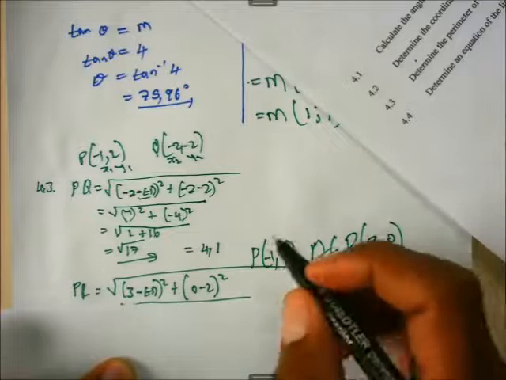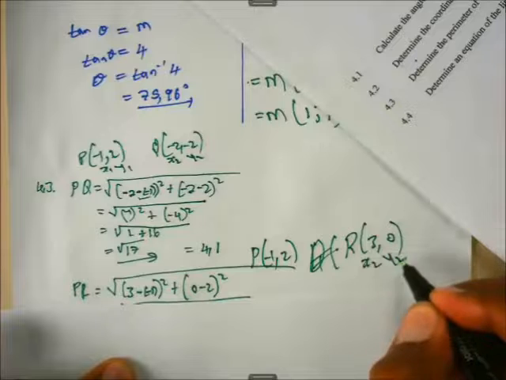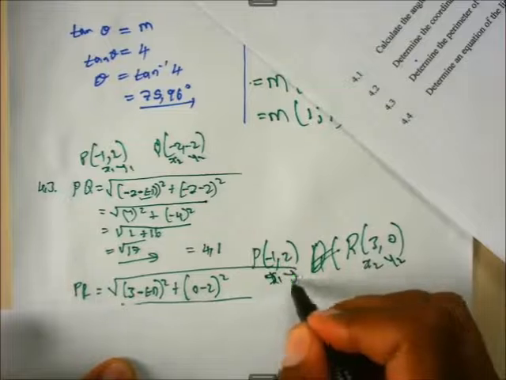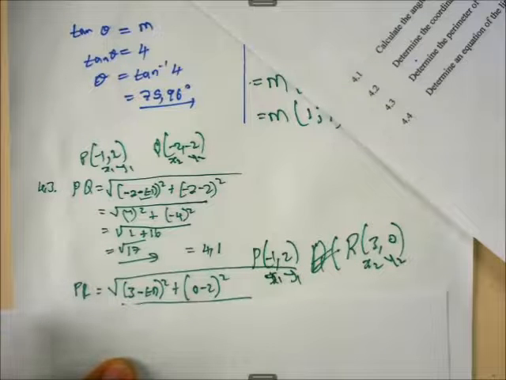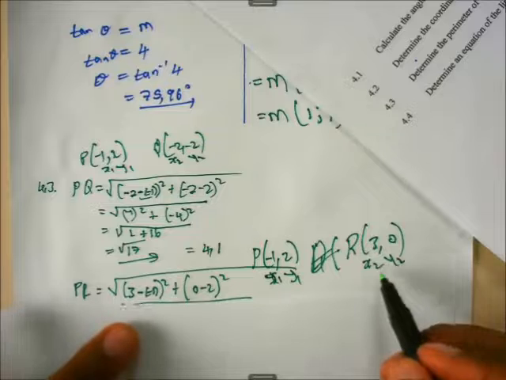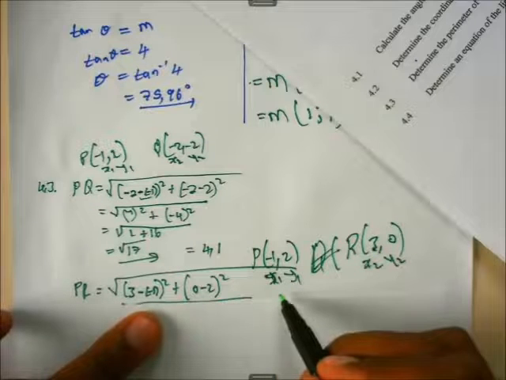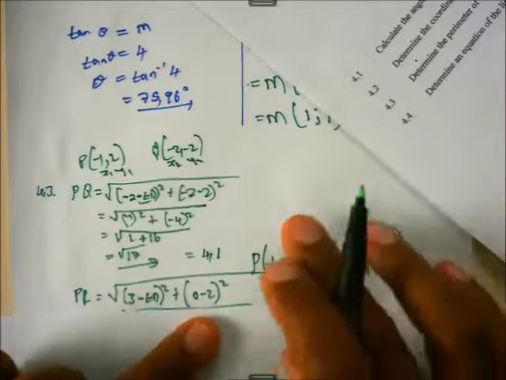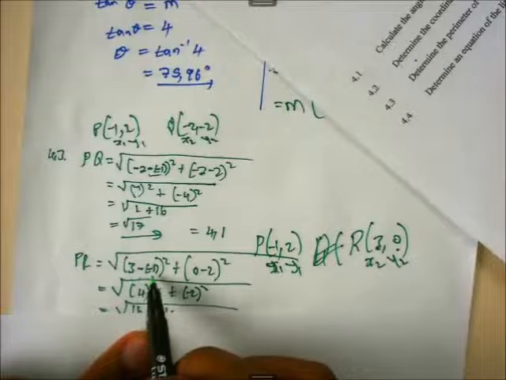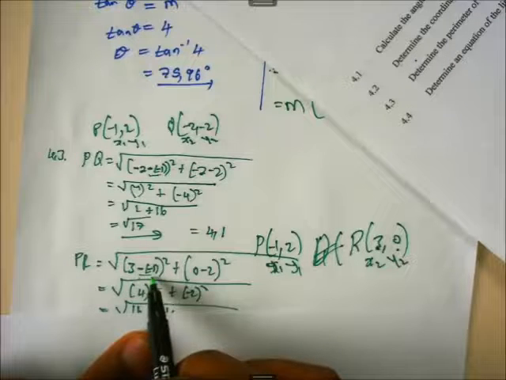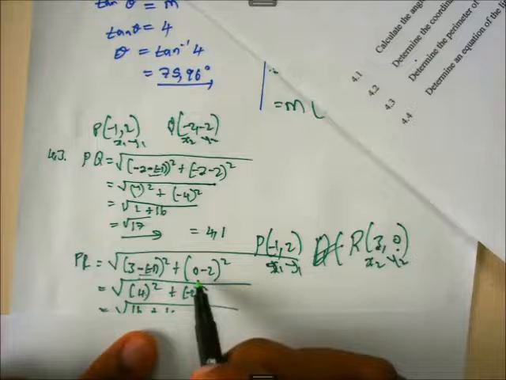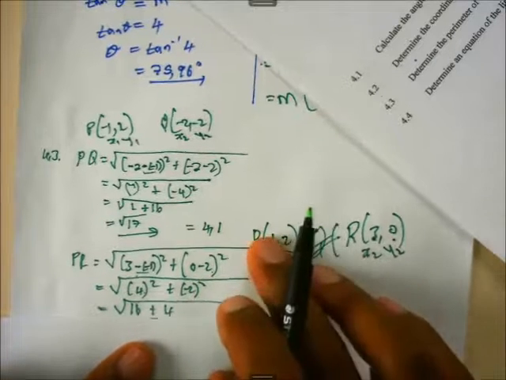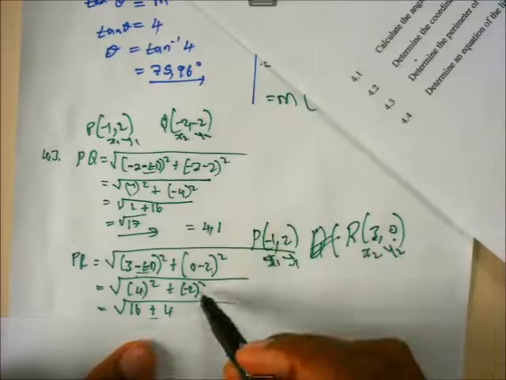Then we have 3 minus minus 1, which is correct, we square it, and plus 0 minus 2. 3 plus 1 is 4, and 0 minus 2 is minus 2 squared. 4 squared is 16, minus 2 squared is 4.